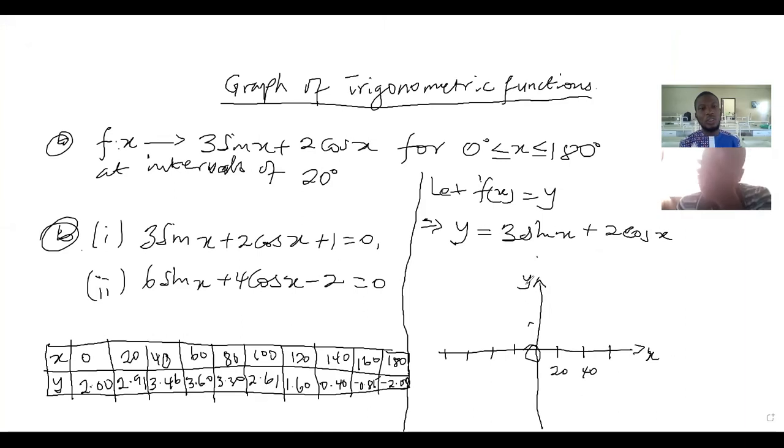Good. Now we have to find 3 sine x plus 2 cos x plus 1 equals 0.